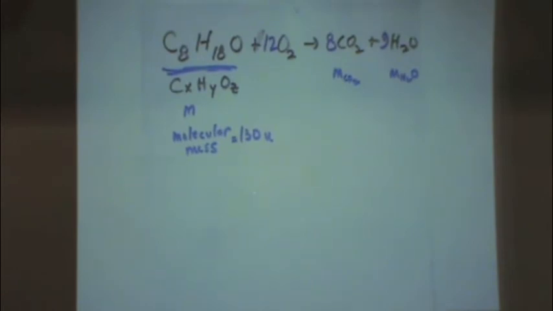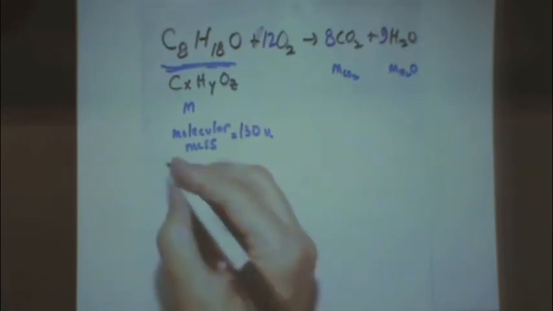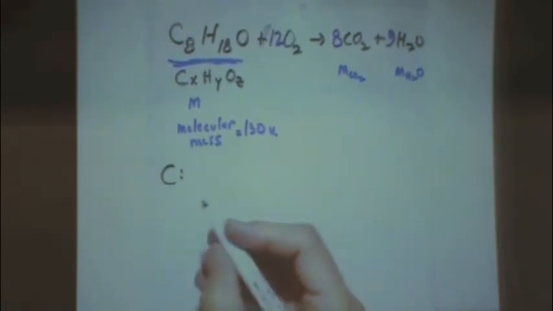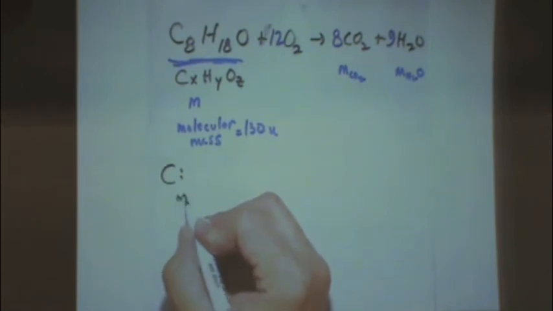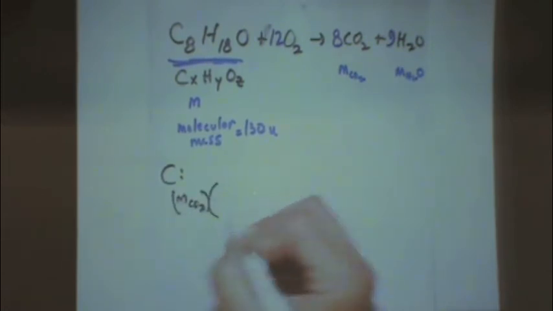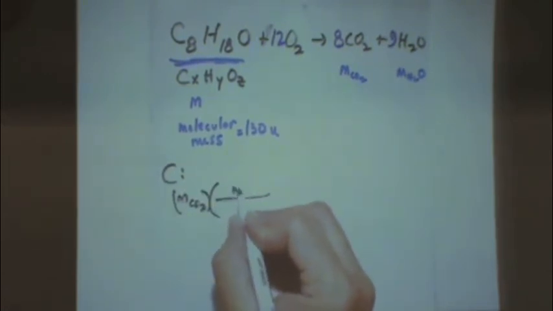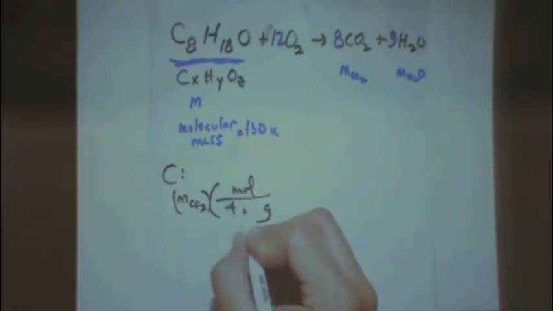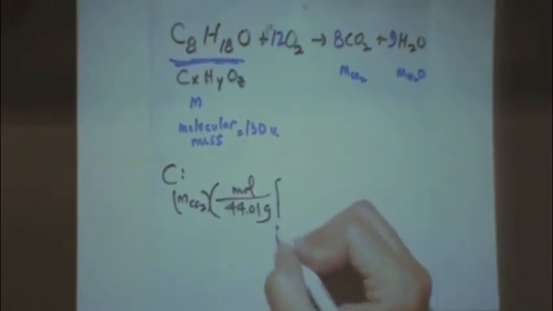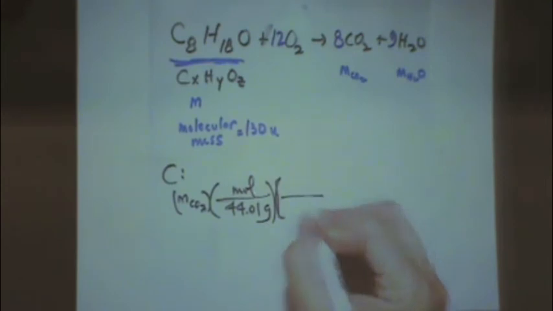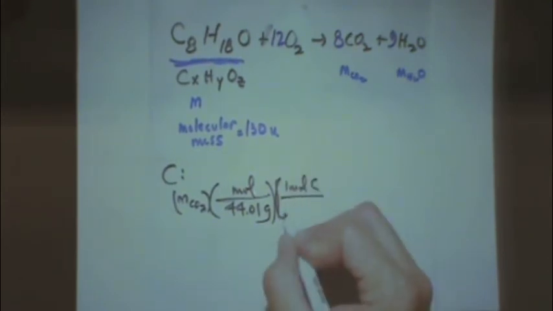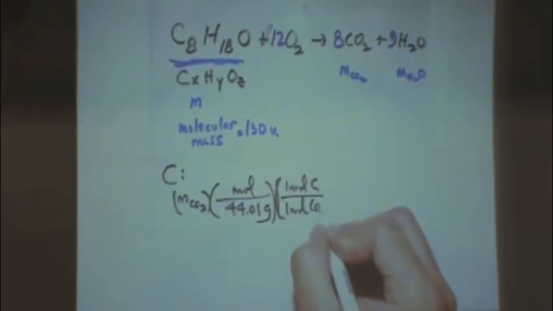Remember the key unit for empirical formula. So if we're asking for empirical formula, the key unit is what? Moles. And so for carbon, you can start off there. You'd say the mass of CO2 given, and then you change this to moles using the molar mass of CO2, 44.01, from the periodic table. And you say 1 mole of carbon for every 1 mole of CO2.